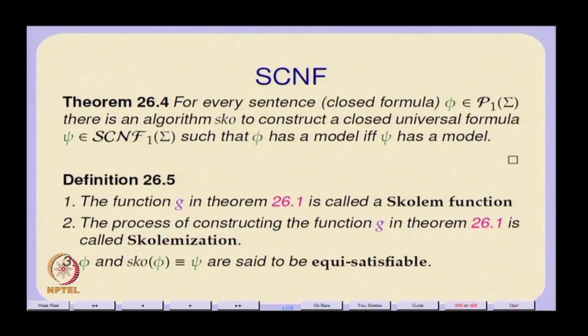And that shows that if phi does not have any models, then the Skolemized form of phi also is not going to have any models. So, model construction and unsatisfiability go hand in hand. Phi would be unsatisfiable if and only if SCO phi is unsatisfiable. Every model of SCO phi is a model of phi, but not necessarily the other way around. So this is what your Skolem normal forms give you.